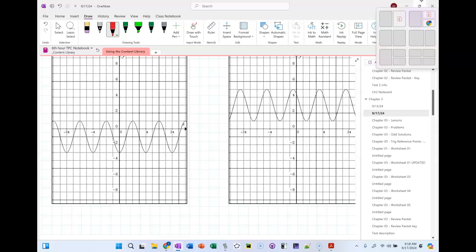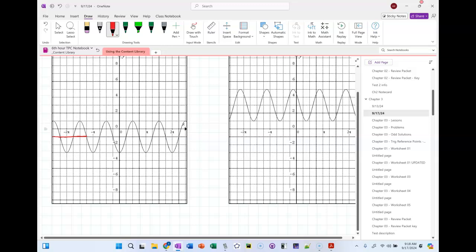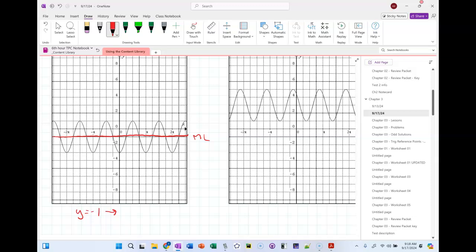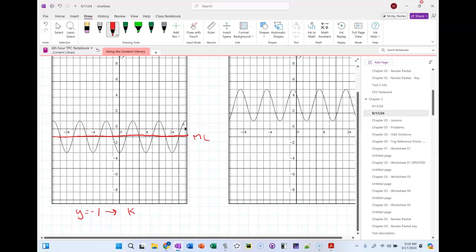Edie. Yeah, it looks like right here is that midline, dividing it in half vertically. And which of our constants does that midline give us? A, C, H, or K? K. What is the K then? Just -1. Nothing to do there, right?